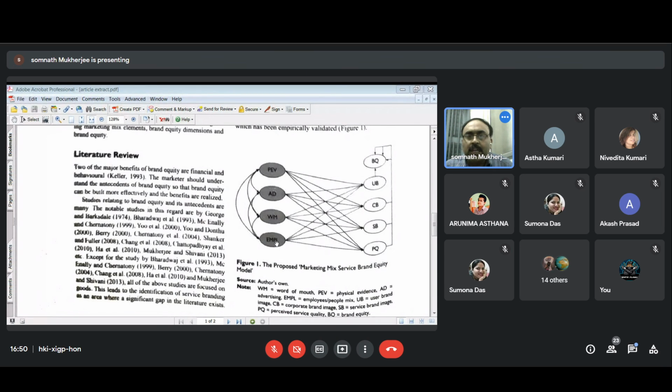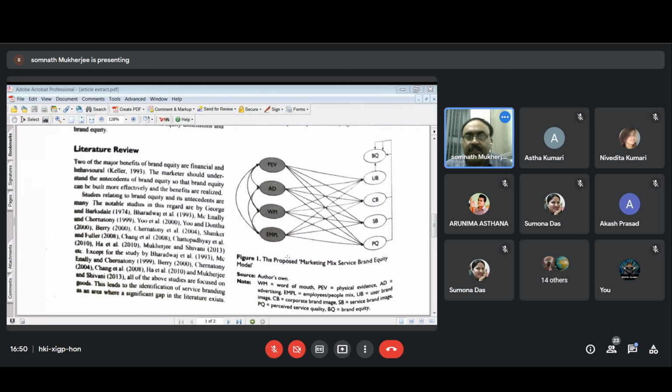So word of mouth, employees, advertising, then physical evidence: all of these influence perceived quality. All of these influence your service brand image, and corporate brand image, and your user brand image, and ultimately how that culminates into influencing brand equity.